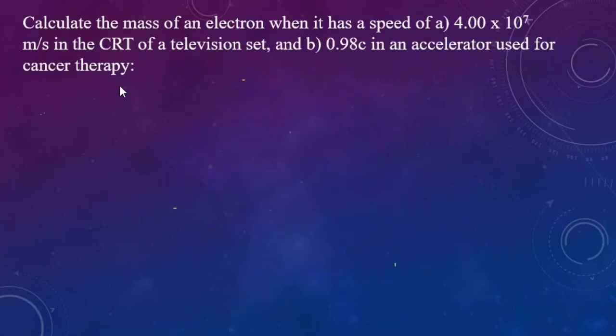Next problem: calculate the mass of an electron when it has a speed of (a) 4 times 10 to the 7th meters per second in a CRT of a television set, and (b) 0.98c in an accelerator used for cancer therapy. Let's solve first for (a). The rest mass of the electron equals 9.11 times 10 to negative 31 kilograms.